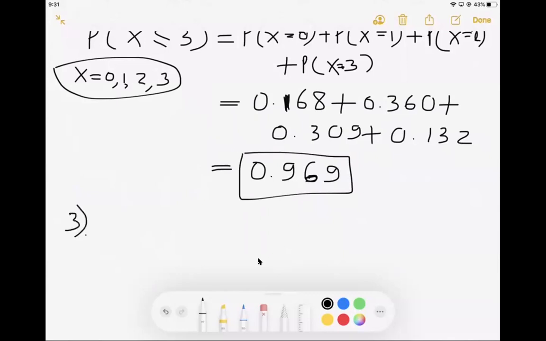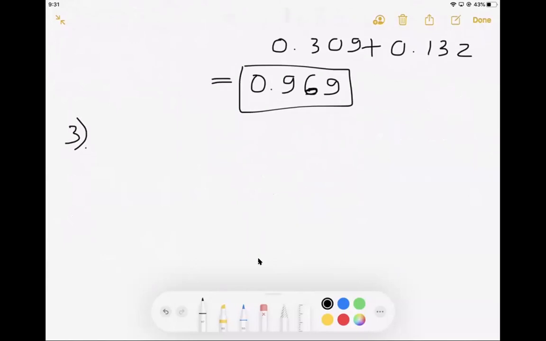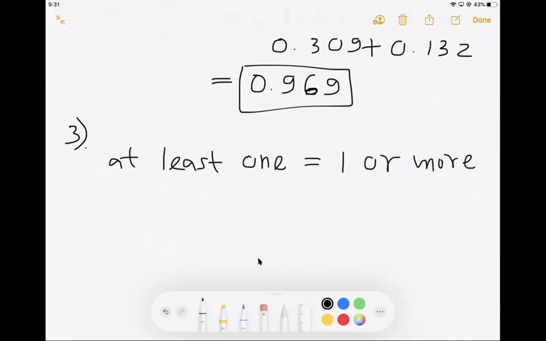Now last question. What is the probability that at least one means one or more? Please remember, okay? So x greater than or equals to 1. You have to find that.